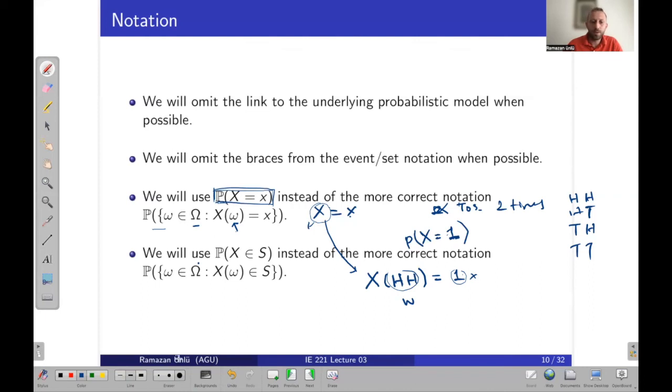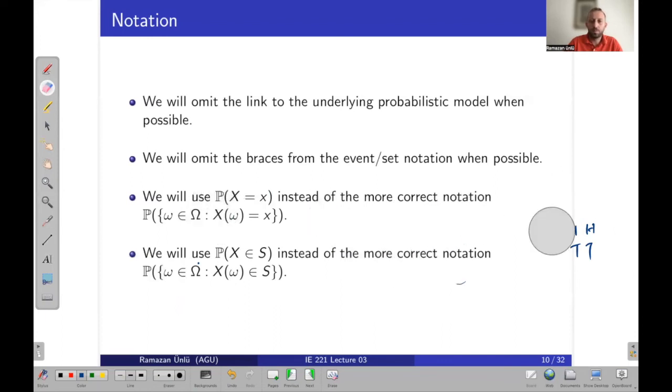But instead of using these things, we can simply use that one, and we can interpret this one. This is the value random variables can take, and if we think inversely, these numbers are associated with some subset in the omega. Okay, and we will do the same thing for the subsets.